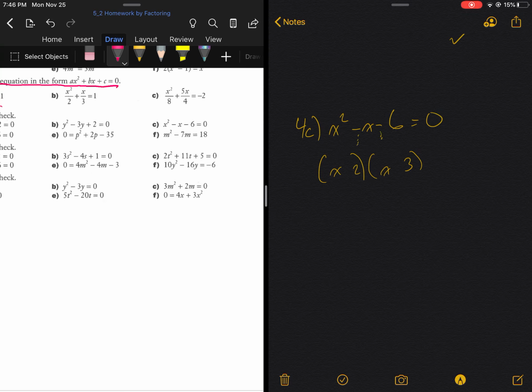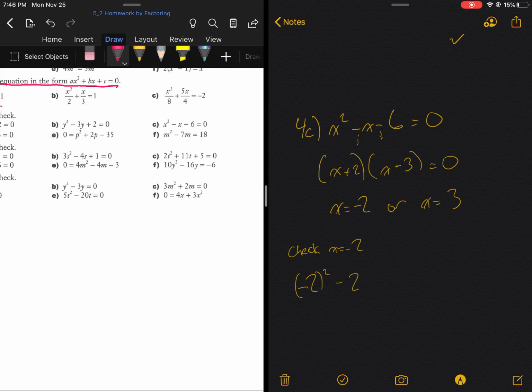And one is minus, and the greater one is minus when we add them together. At this stage, you should be able to do it in this fashion. Otherwise, you find two numbers. So x equals minus 2 or x equals 3. Check.